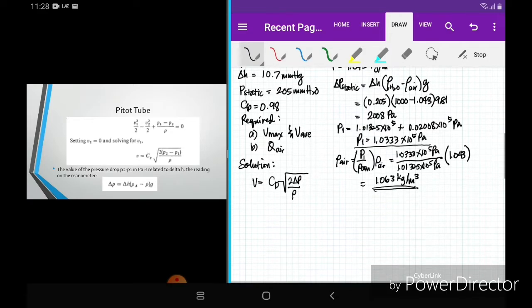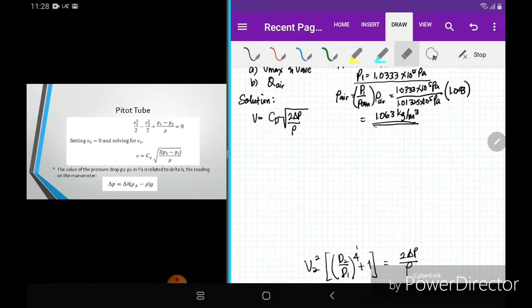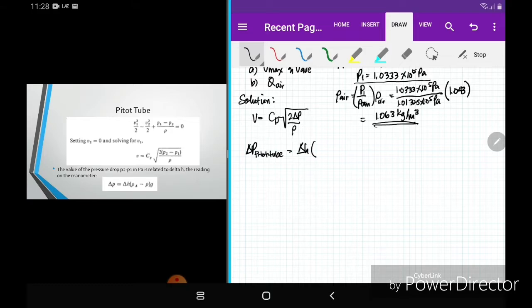Now, to calculate for the delta P for the pitot tube, okay, so the delta P for the pitot tube, this is then equivalent to the delta H dun sa manometer multiplied by density of A minus density of B multiplied by the value of G. This is then equivalent to 10.7.